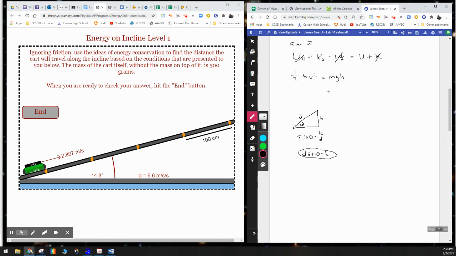So if I go over here, I'll have 1/2 mv squared is equal to mg, and we'll do the substitution. There's d sine of theta. So I think you should be able to solve for d from here. All right, that'll be some hints on simulation number 2.